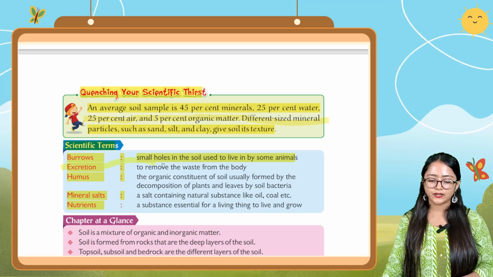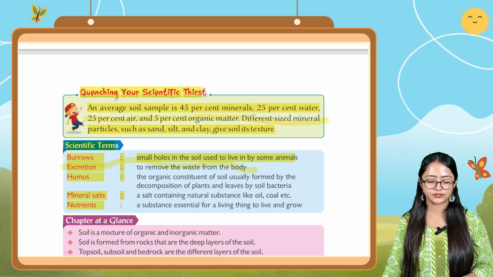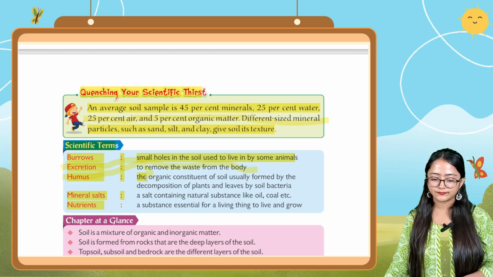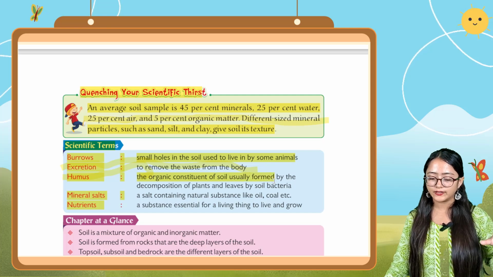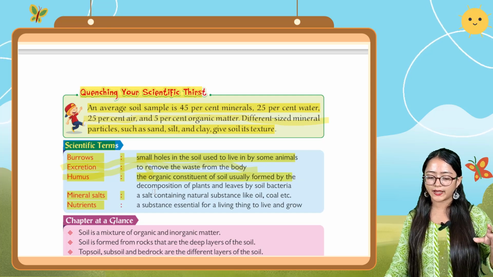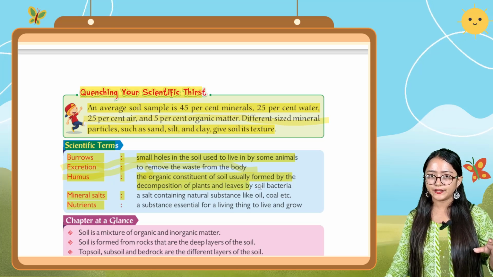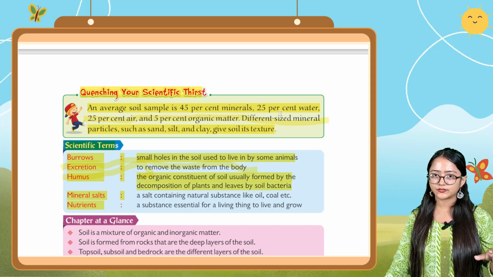Excretion is removing waste from the body. Humus is the organic constituent of soil, usually formed by the decomposition of plants and leaves by soil bacteria.